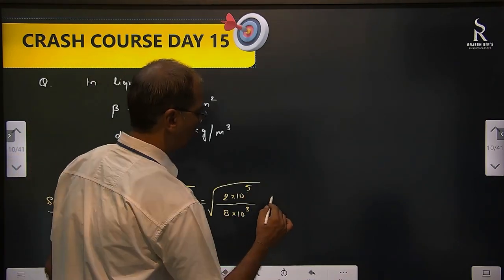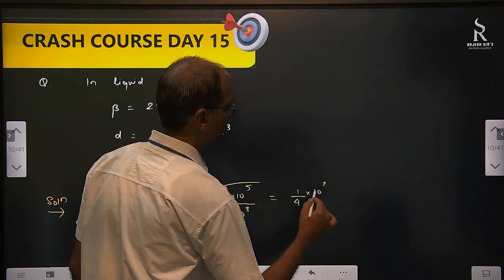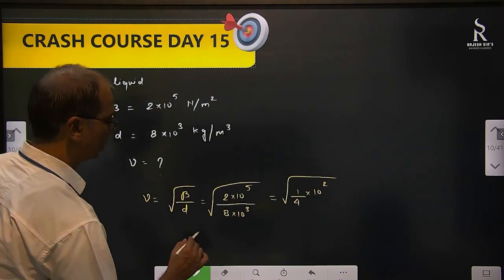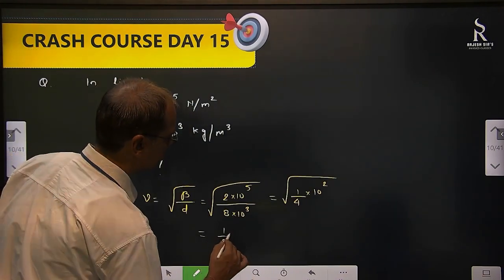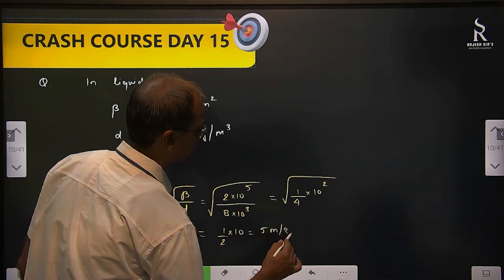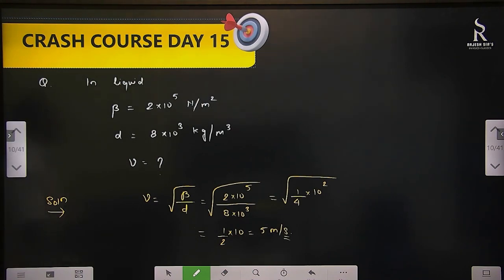Okay, so 1 by 4 into 10 to the power 2. So the answer is 1 by 2 into 10 to the power 5 meter per second. Okay, 5 meter per second. So this is how we calculate velocity.